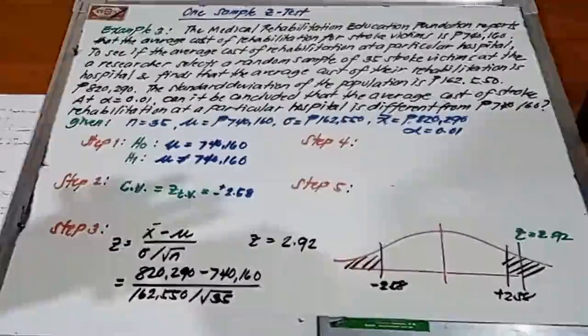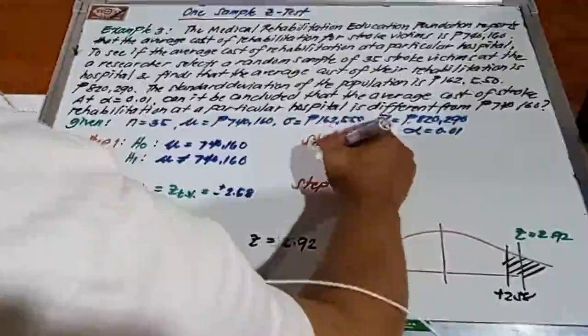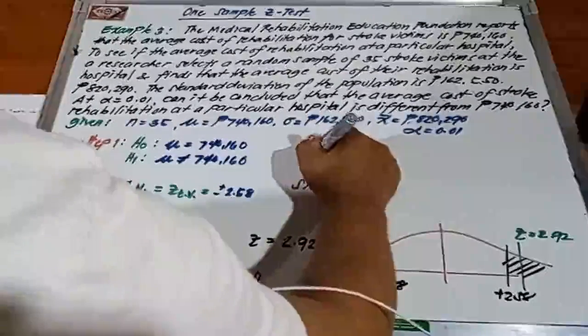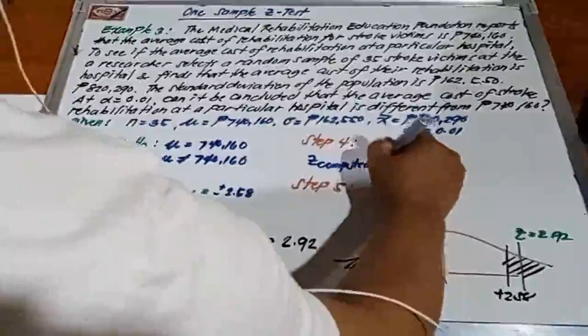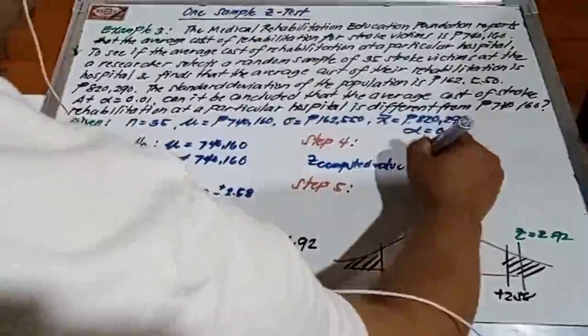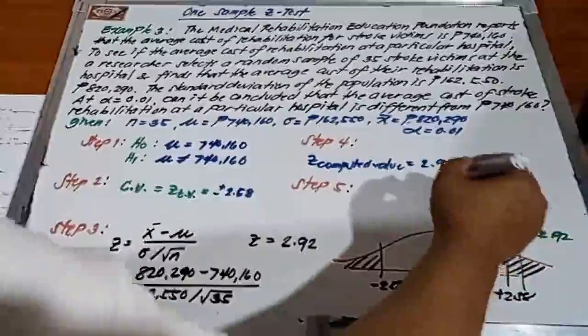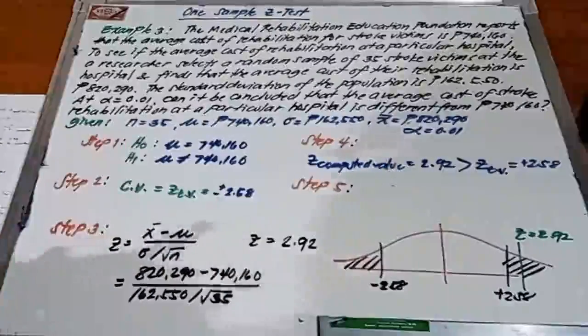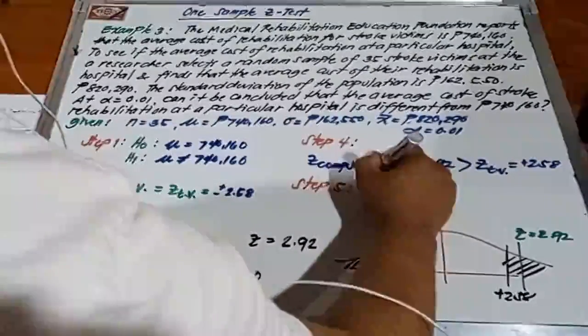Okay? So, ibig sabihin, yung ating computed z value nasa critical region o nasa rejection region. So, what is our decision? Since our z computed value, which is equal to 2.92, and this is greater than our tabular value or critical value, which is positive 2.58, our decision is reject the null hypothesis.